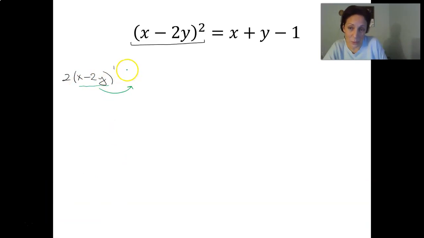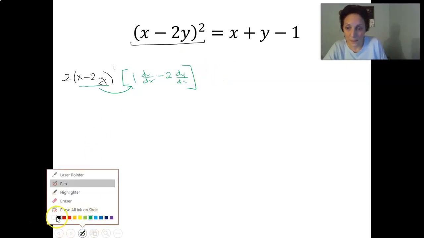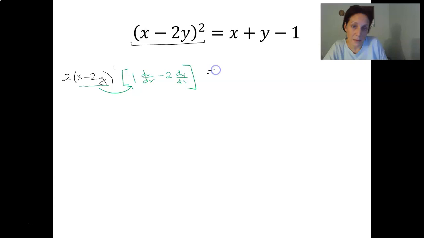Again, it's a quantity, so the derivative of x is 1 dx/dx, and the derivative of 2y is 2 dy/dx. On the other side, the derivative of x is 1 dx/dx, the derivative of y is 1 dy/dx, and the derivative of 1 is 0.